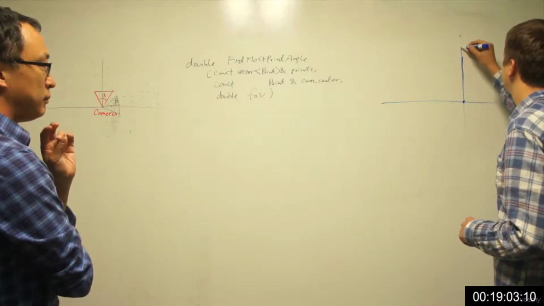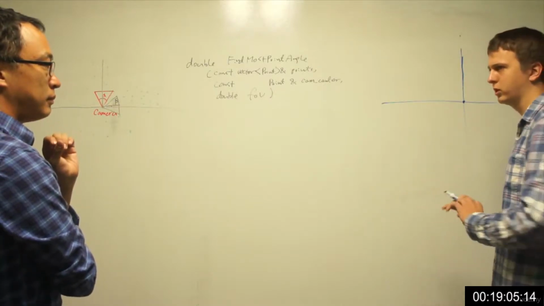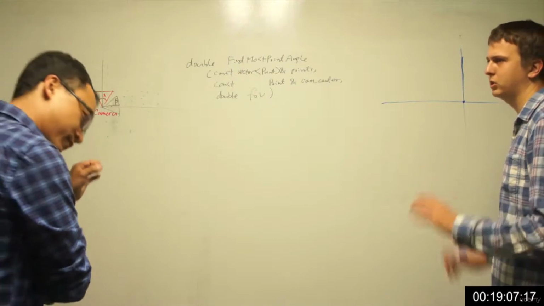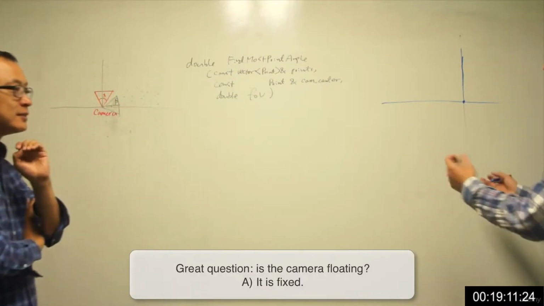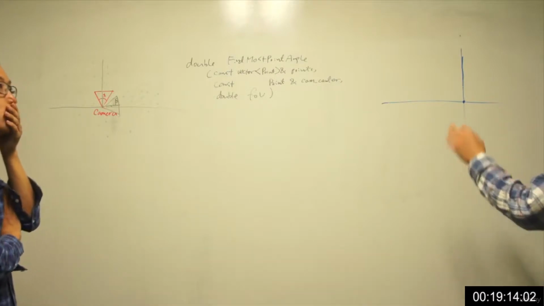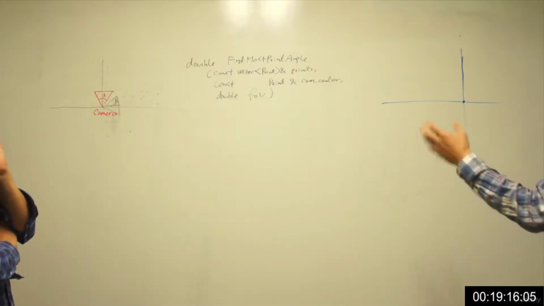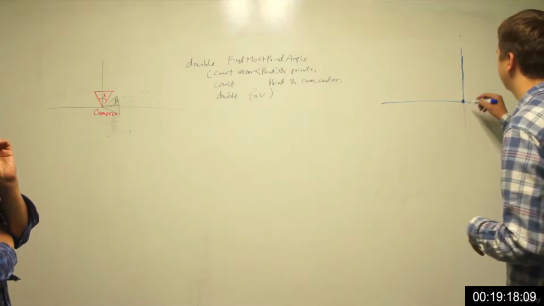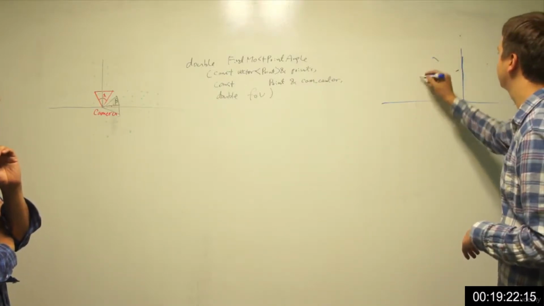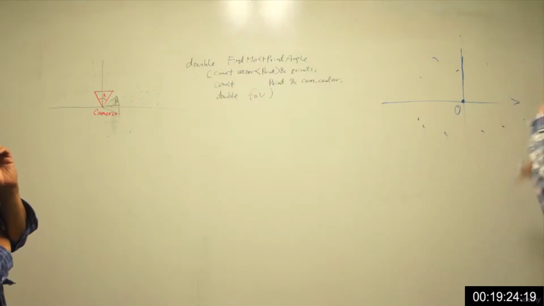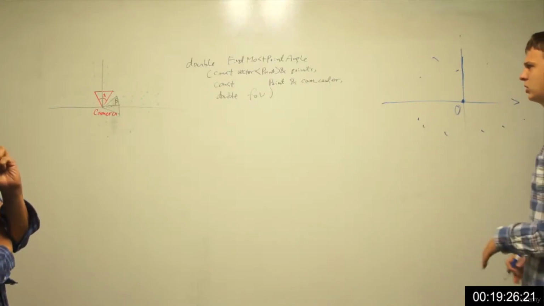Let's see. We're not able to move the camera. Let's imagine that the camera center is fixed. Yes, so we can subtract the center from each point. So we have a camera here and a lot of points around us, so we do not need to care about the camera position and so on.